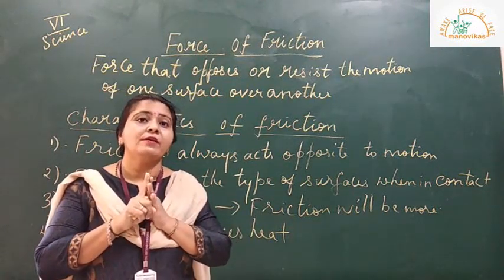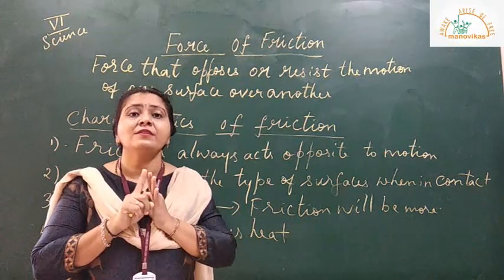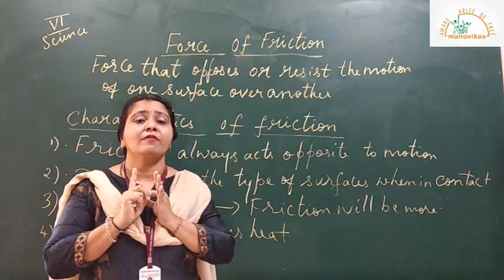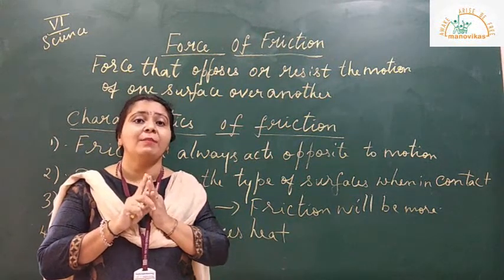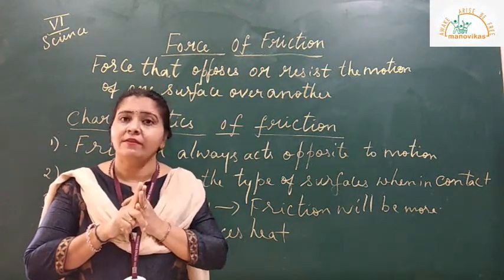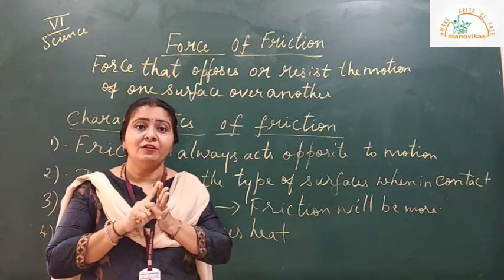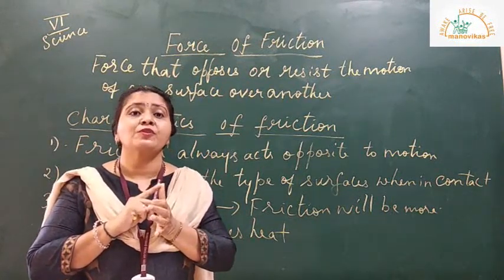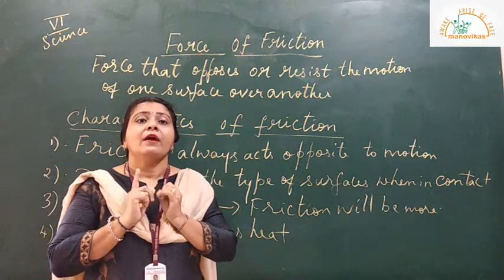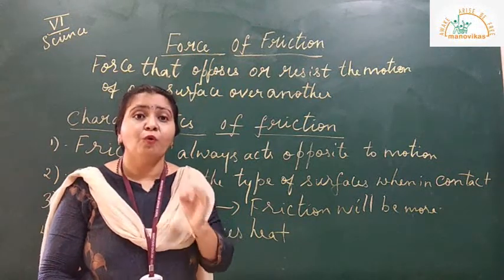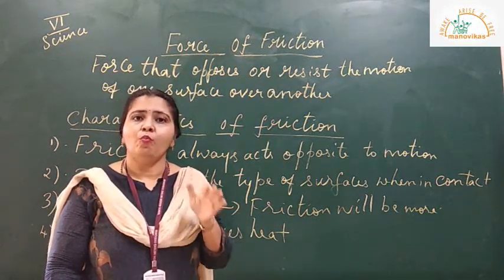And the third one is that friction depends on weight: when the object is heavy, the friction will be more. And then we have seen two theories of friction, and friction also produces heat, and friction is also produced when objects move through air or water.